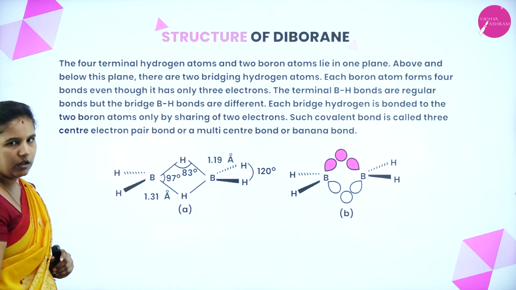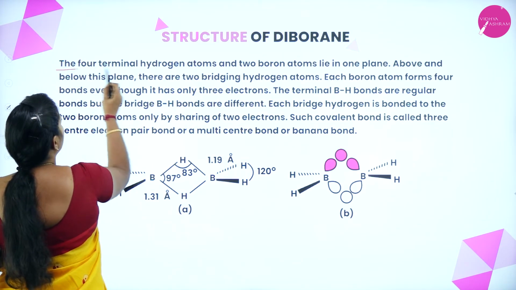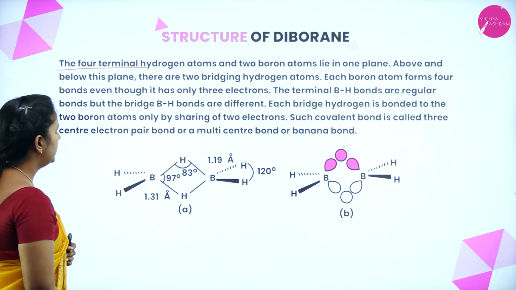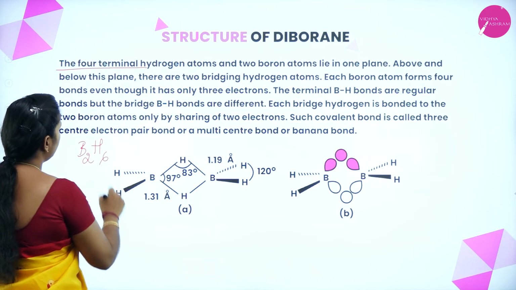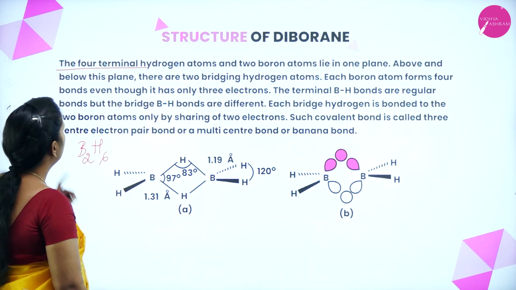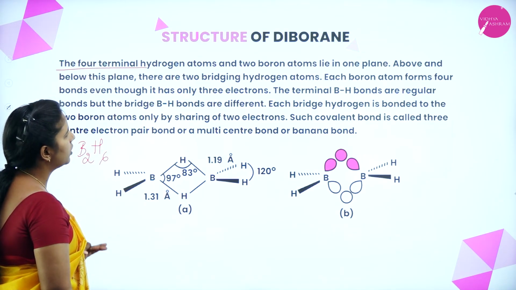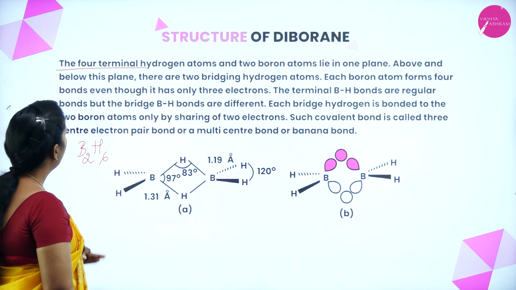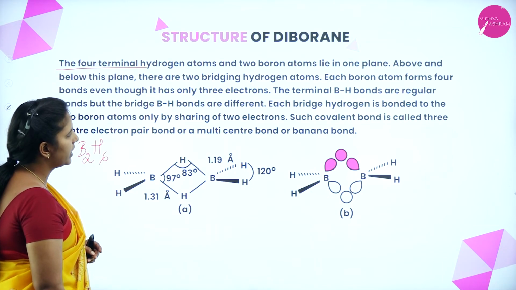Next is the structure of diborane, B2H6. The 4 terminal hydrogen atoms and the 2 boron atoms lie in one plane, and above and below this plane there are 2 bridging hydrogen atoms.